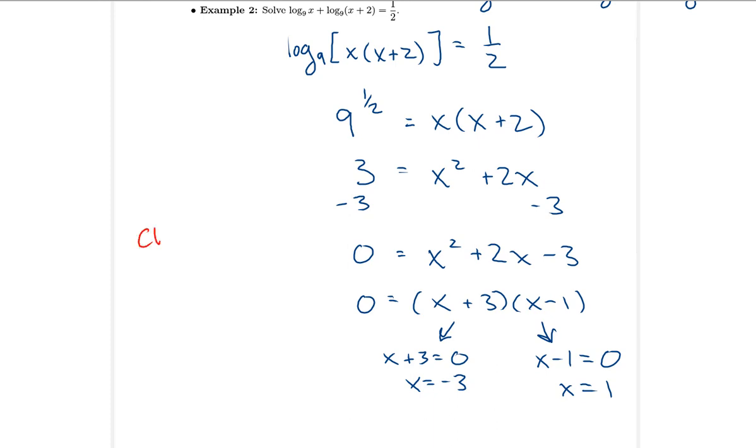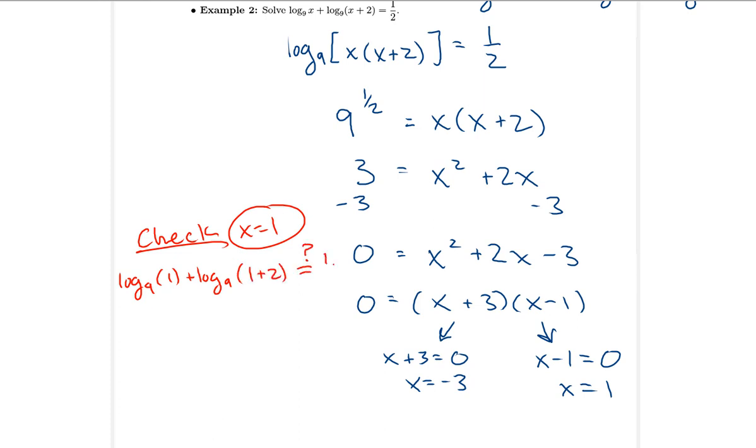So we'll go over here for our check. Let's check x = 1. If I plug x = 1 in, I've got log base 9 of 1 plus the log base 9 of 1 plus 2. And I want to know, does that equal 1/2? Well, the log base 9 of 1, remember, that's what number do I raise 9 to in order to make 1?